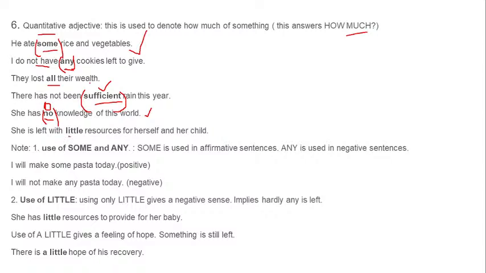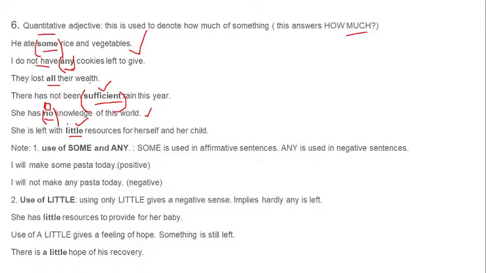She is left with little resources for herself and her child. Again, see, this is a quantitative adjective: how much resource? It is little resource. The quantity can indicate anything: medium, very large, very small, zero, anything.